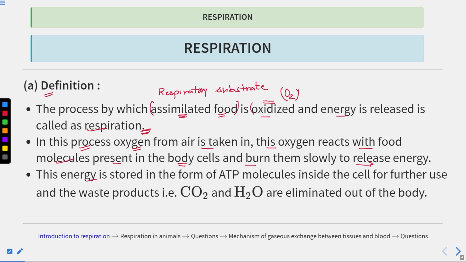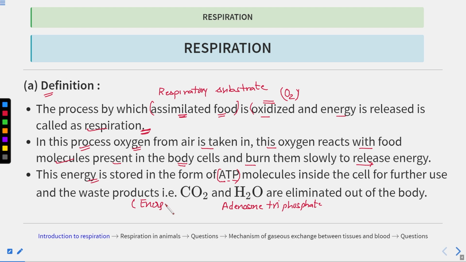This energy is stored in the form of ATP molecules. ATP is adenosine triphosphate. ATP is also known as the energy currency of the cell.